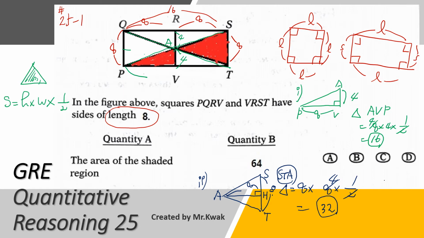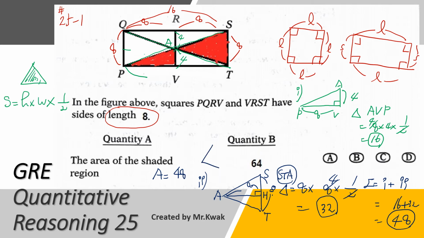And then what we have to do finally is add 1 and 2. 16 plus 32 equals 48. So the quantity A is 48. So what is the answer, guys?